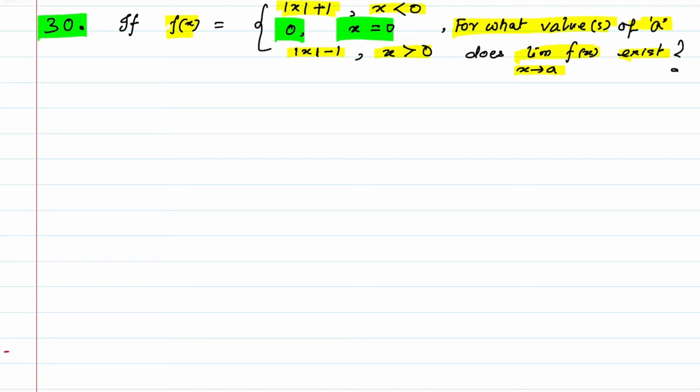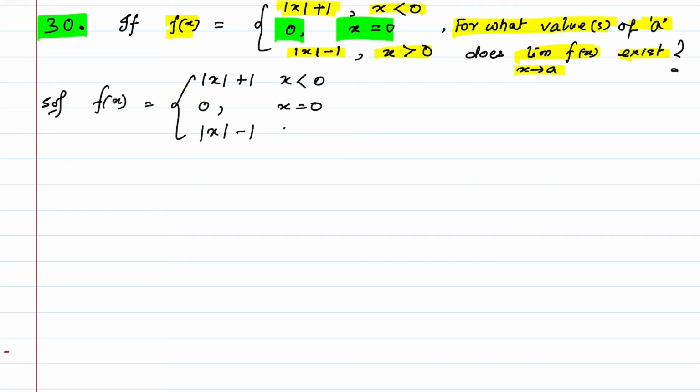So now let me show you how to solve this one. Solution. So here the given function is this one. Let me write the given function first. So here x is less than 0. For x equal to 0, it is 0, and it is mod of x minus 1 for x greater than 0. So this is the given function.